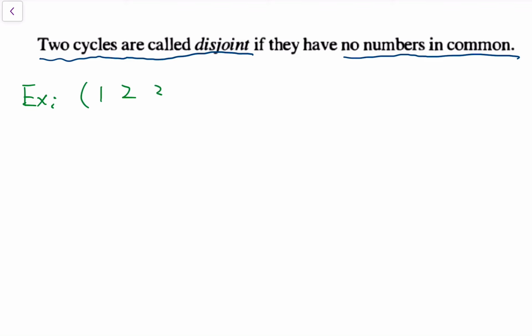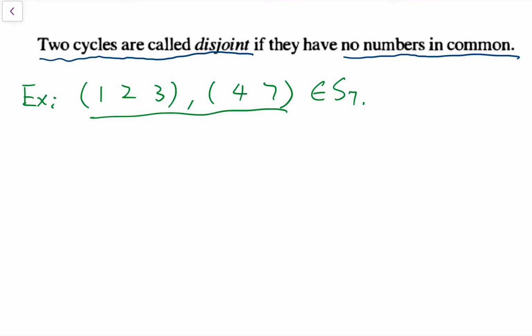Okay, then we can think about the meaning of disjoint for cycles. The definition says that 2 cycles are called disjoint if they have no numbers in common. For example, let's consider the cycles (1, 2, 3) and (4, 7), also in S7.